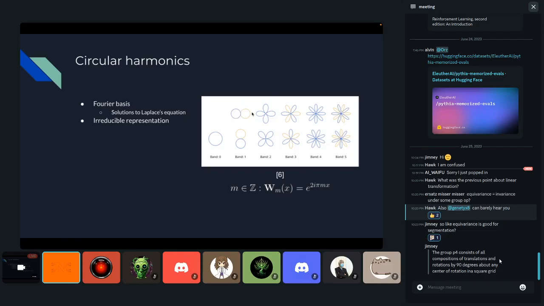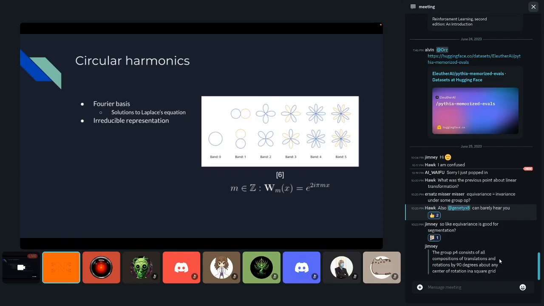So rotation symmetry corresponds to the circle group, and for that we have a set of irreducible representations, which is the Fourier basis. The Fourier basis is just what you get when you try to find the irreducible representations of the circle.